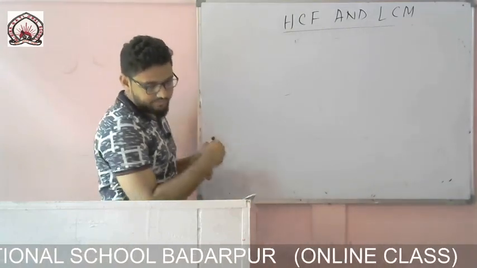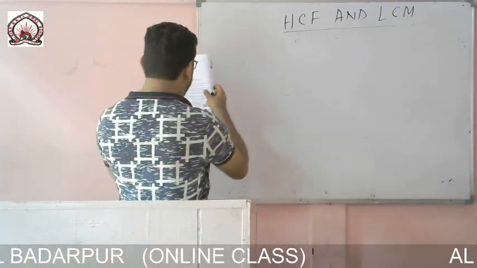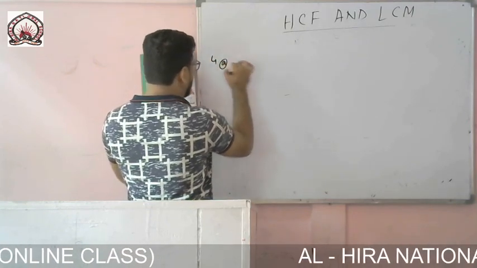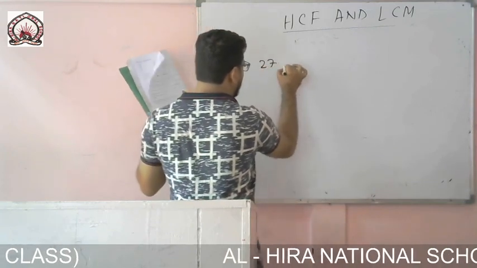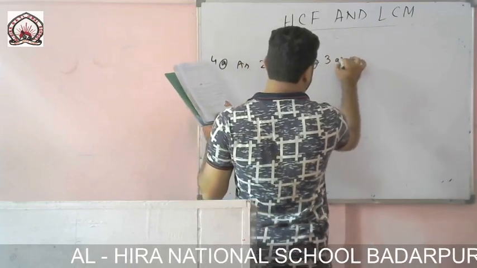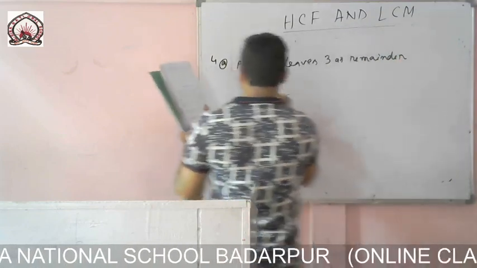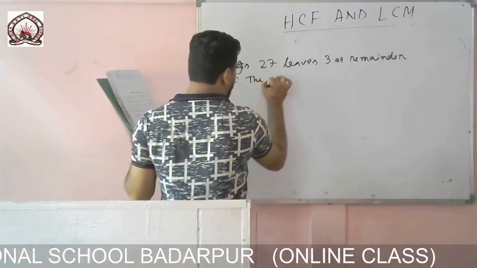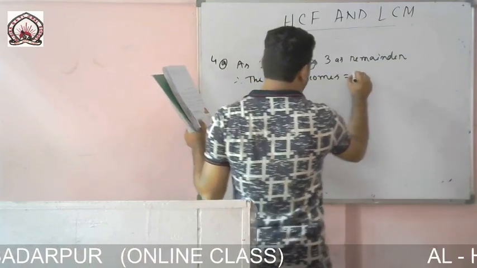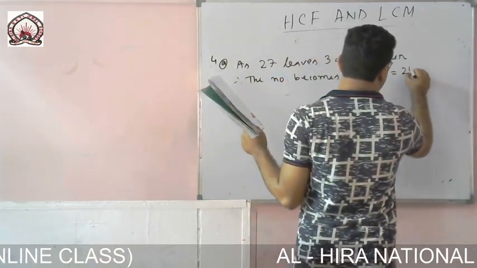So right, as 27 leaves 3 as remainder, therefore the number becomes 27 minus 3, which is 24. Okay.